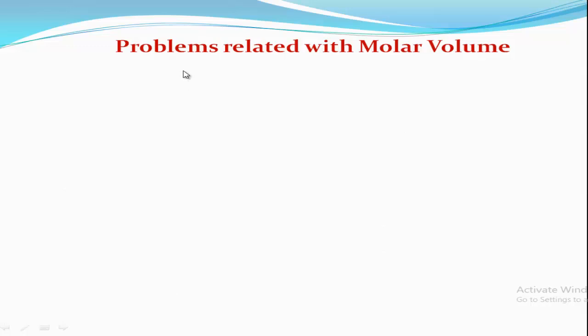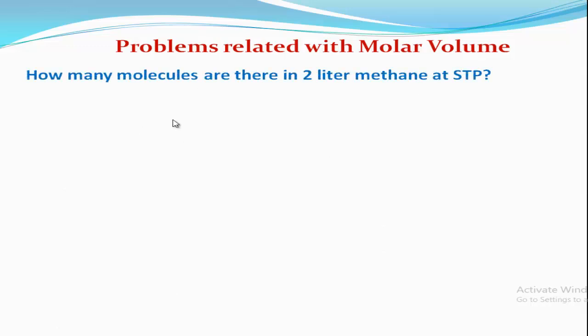Now we will solve some problems related to molar volume, such as: how many molecules are there in 2 liter methane at standard temperature and pressure? How many molecules are there in 2 liter methane?